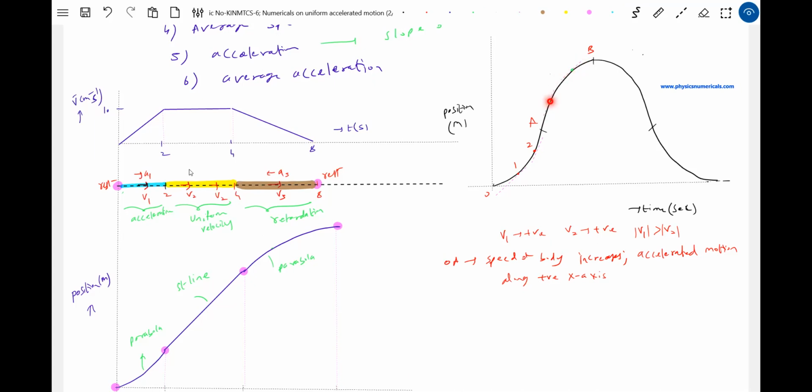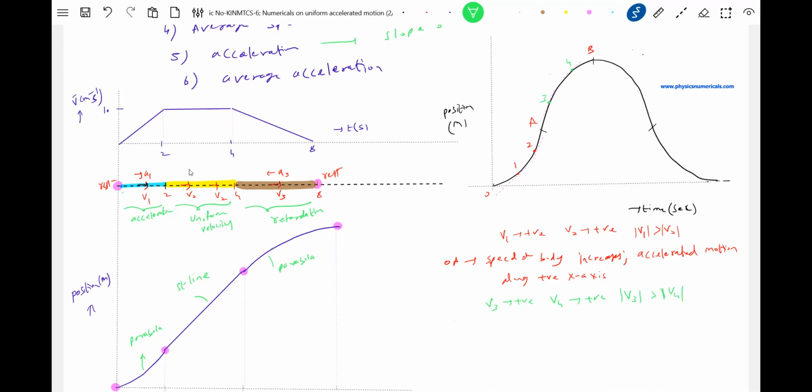The angle made by this tangent is more than this one. So this is 3, this is 4. Again, the slope of the tangent drawn in the s-t graph will give instantaneous velocity. Am I right? We have discussed this in previous classes. So what is one more conclusion? V3 is positive, V4 is also positive, and the magnitude of V3 is greater than V4.